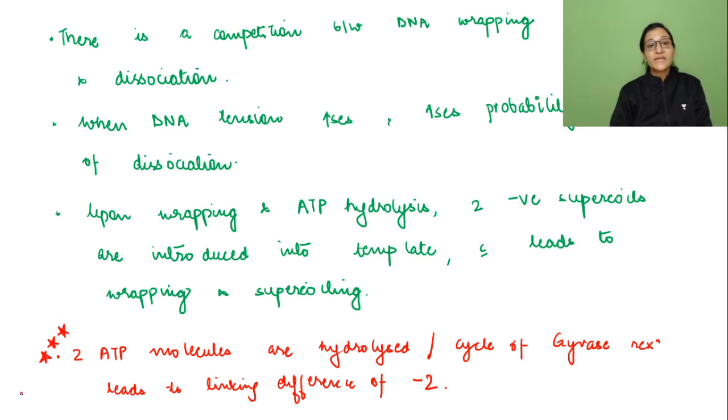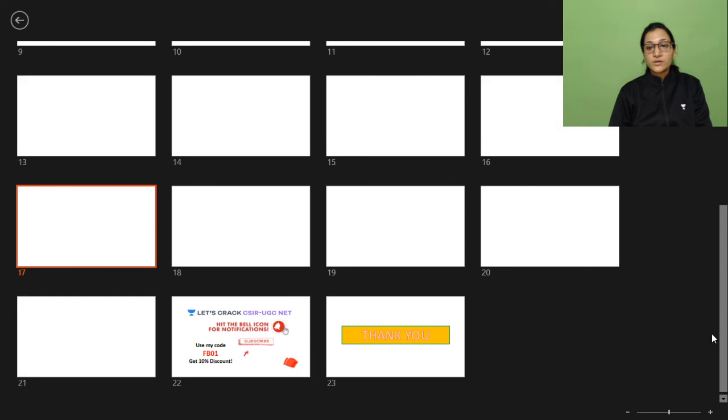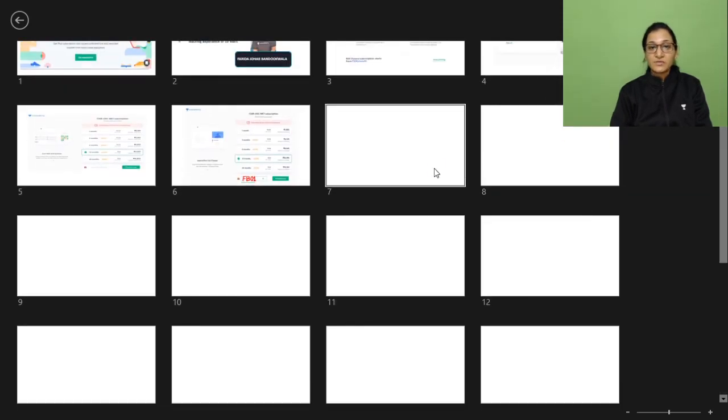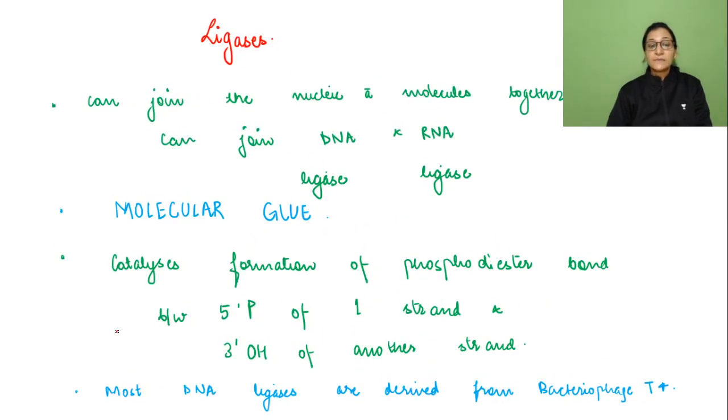When we do the calculations in molecular biology, we'll talk about the linking number in detail. So like this, we have covered the enzymes in detail. In part 1, we did the nucleases, the restriction enzymes, and the polymerases.